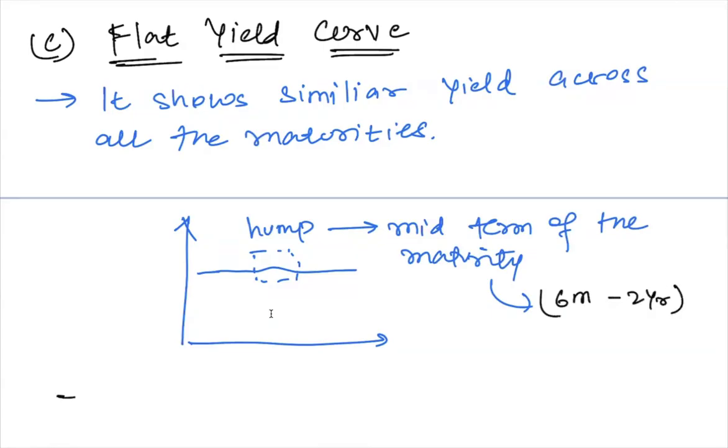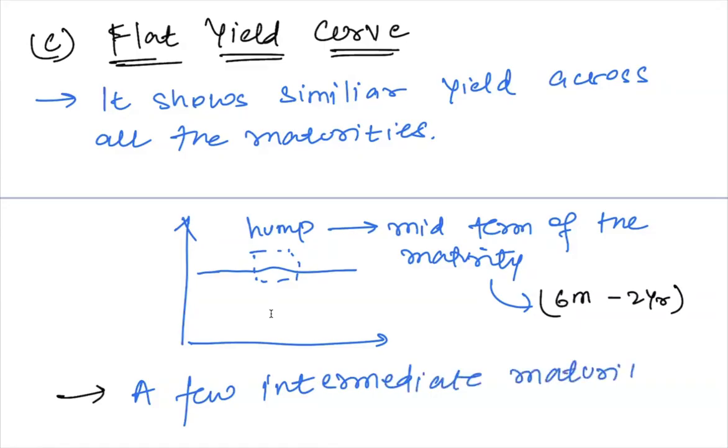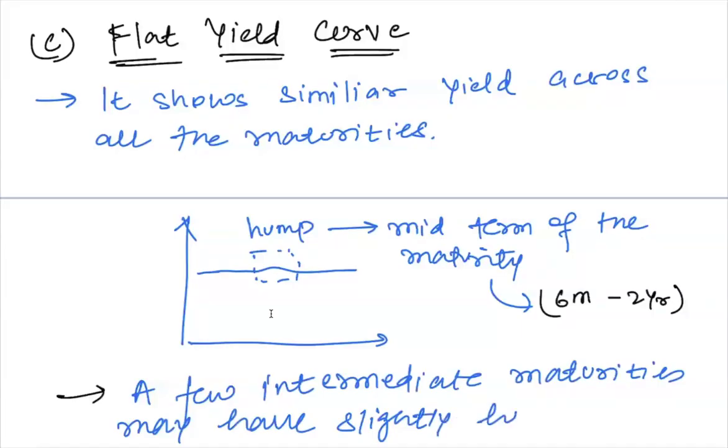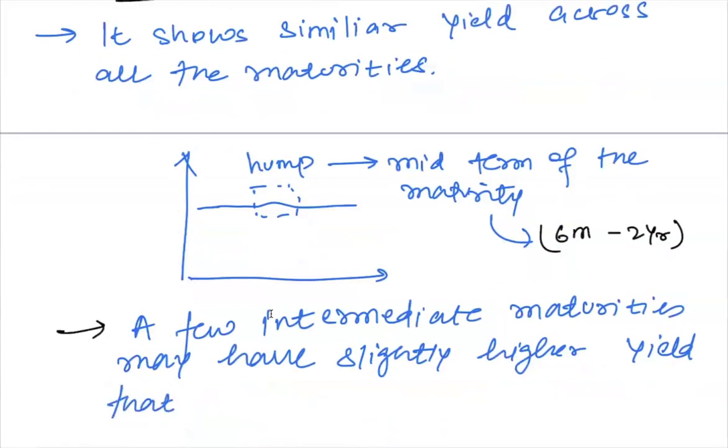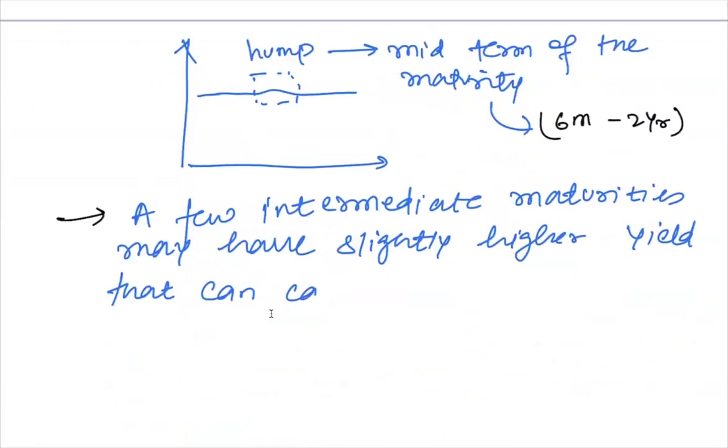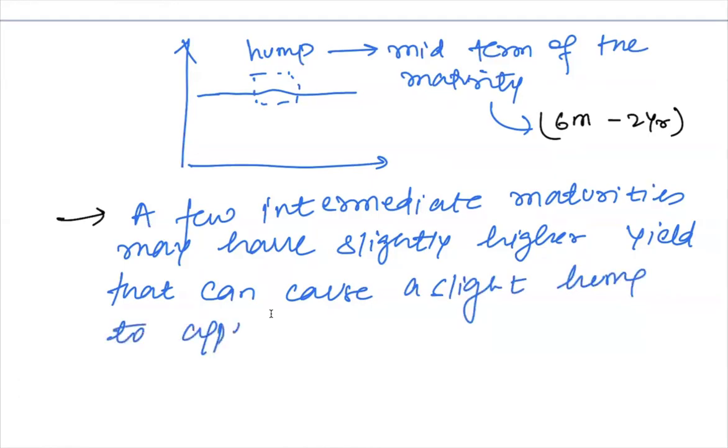Basically, what I mean by a flat yield curve is that a few intermediate maturities may have slightly higher yield that can cause a slight hump to appear along the flat curve.